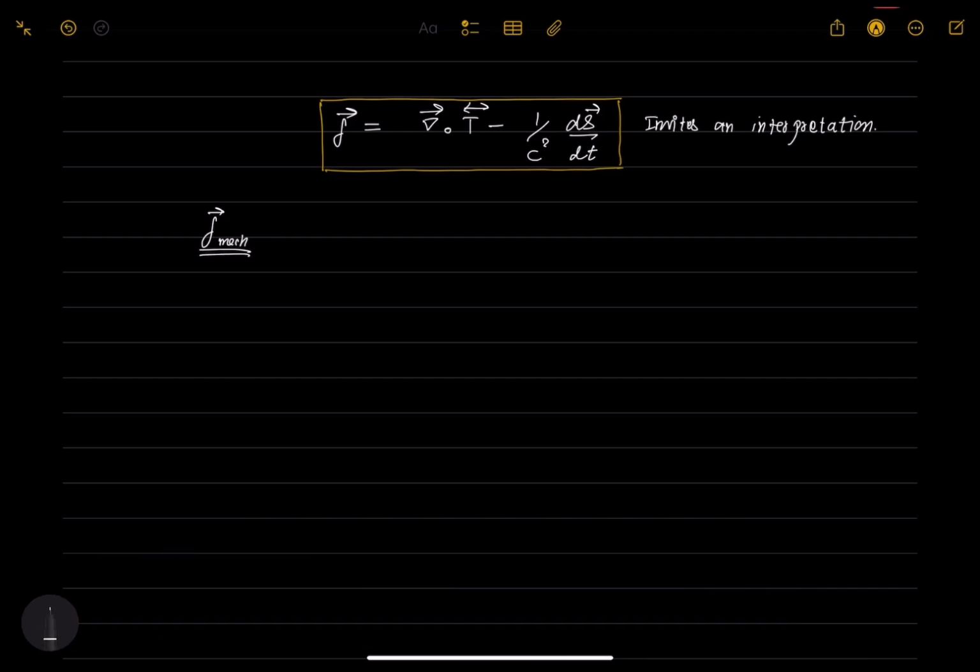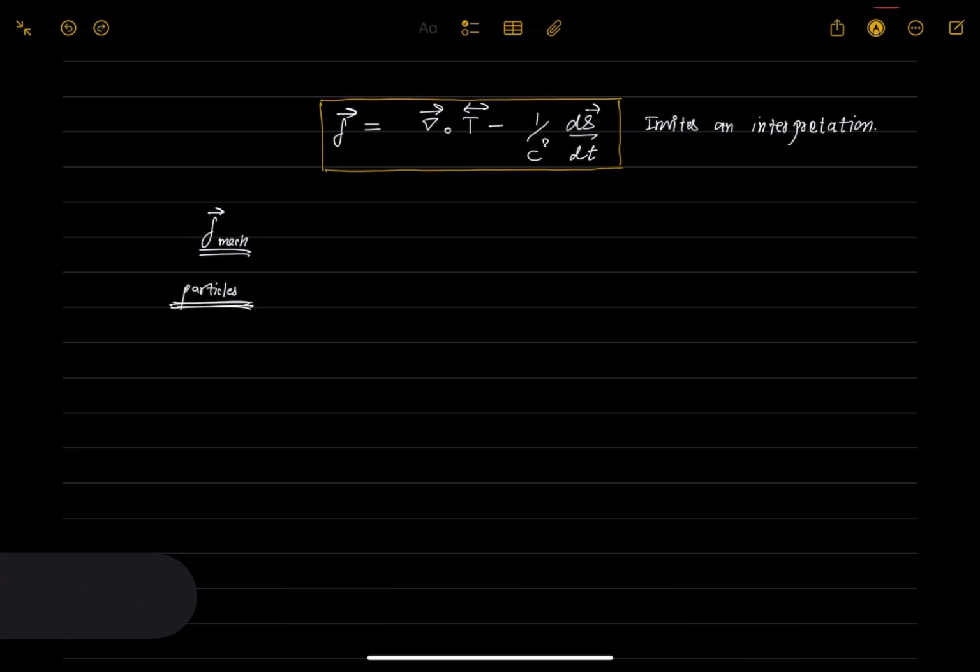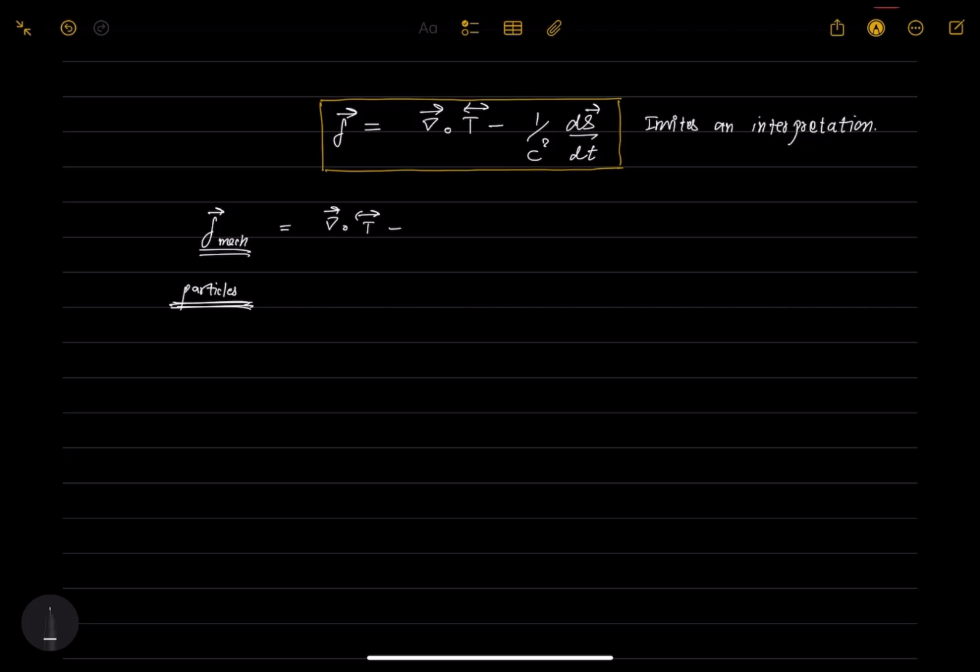This is felt by the particles in the field, right? So charged particles and charge densities and currents and current densities feel this force, right? That's what we evaluated. And that happens to be the divergence of the stress tensor minus 1 over c squared, the time derivative of the Poynting vector.